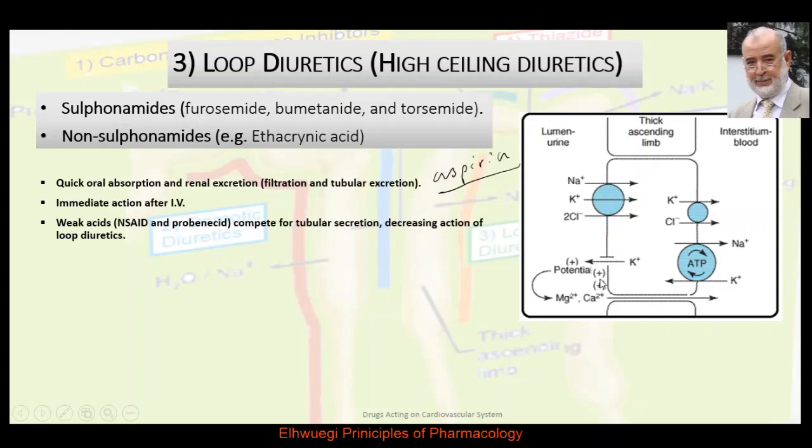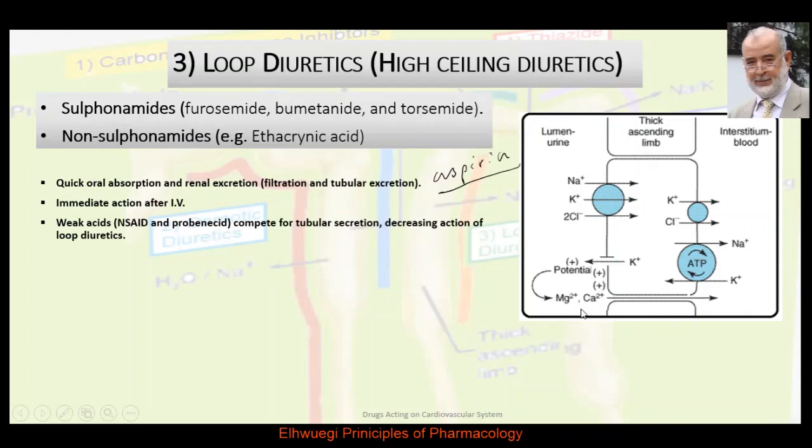This positivity, known as positive electrical potential, will drive divalent cations like magnesium and calcium to be reabsorbed through the spaces between the epithelial cells.